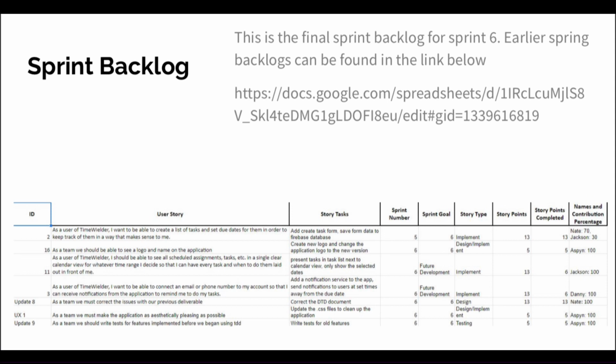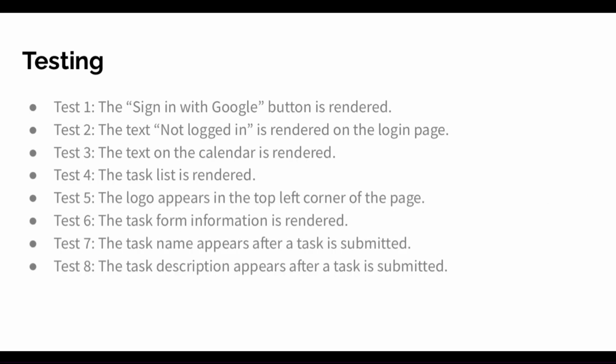we had implemented it. And speaking of test-driven development, here you can see some of the tests that we have implemented into the app. These are all the tests that we have so far, and as we continue working on this application, more tests will definitely be added.